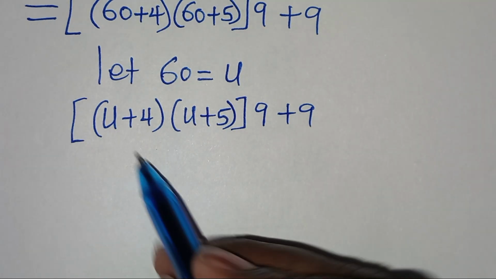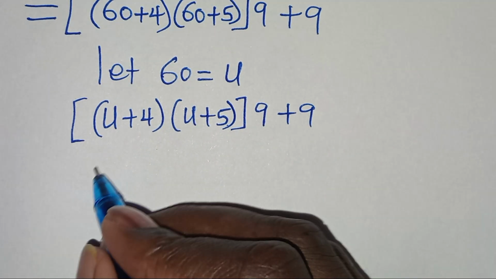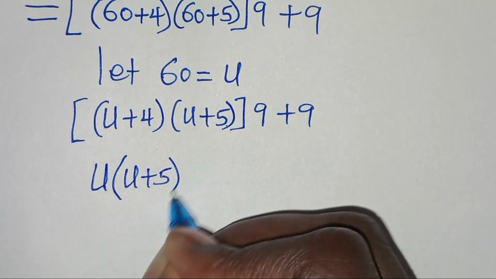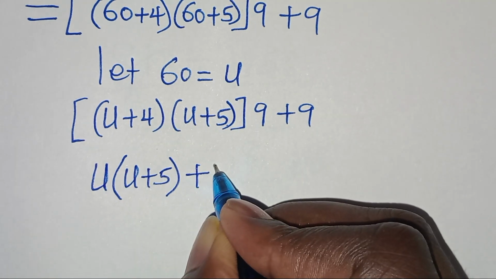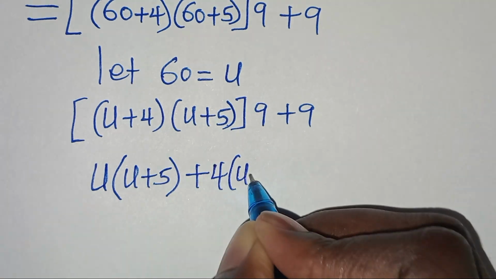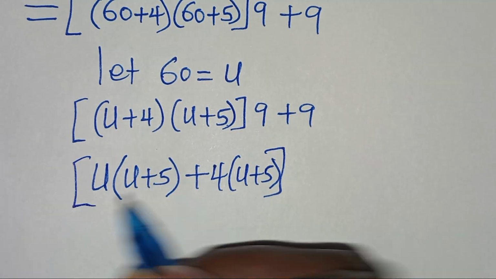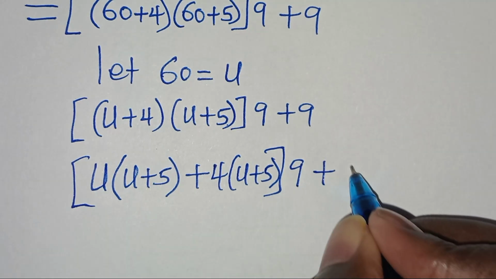Now let's expand this equation here. So this is u multiplying by u plus 5, then plus 4 multiplying by u plus 5, everything here multiplying by 9, then plus 9.